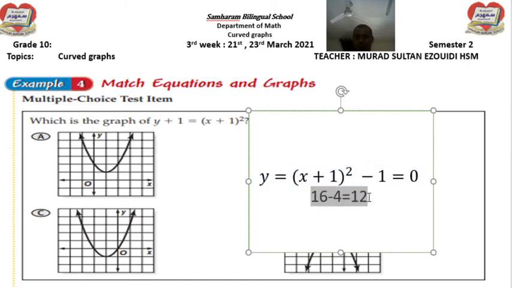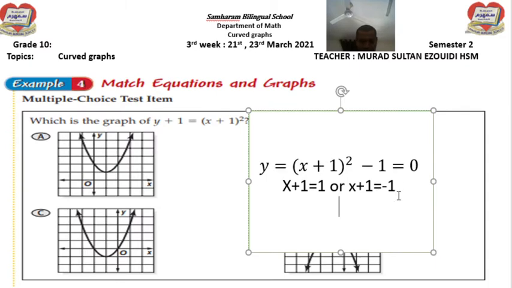Here, my learners, you can find, of course, y is equal to 0, so the x-intercept will be, let's say, x plus 1 equal 1, or x plus 1 equal minus 1. So the first root x equals 0 or x equals negative 2.